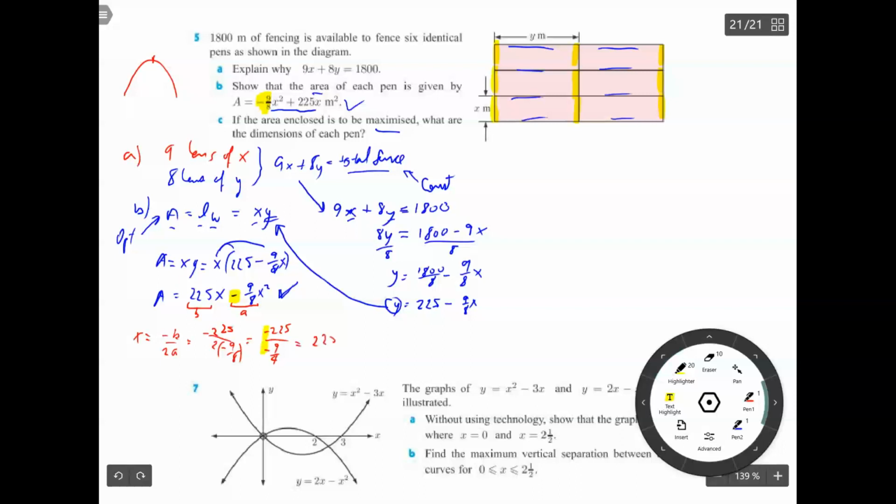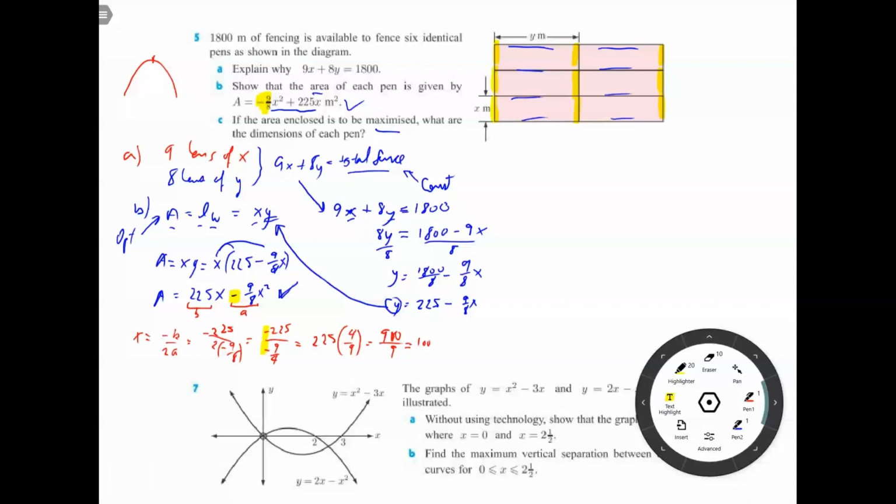So this is equal to 225 times 4/9. 225 times 4 is 900, and 900 divided by 9 is 100. So it turns out that the x value is 100.